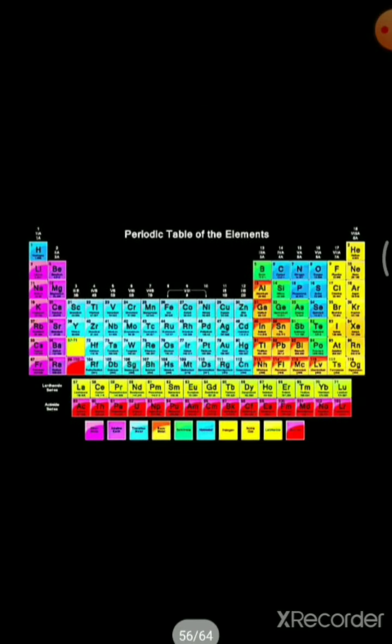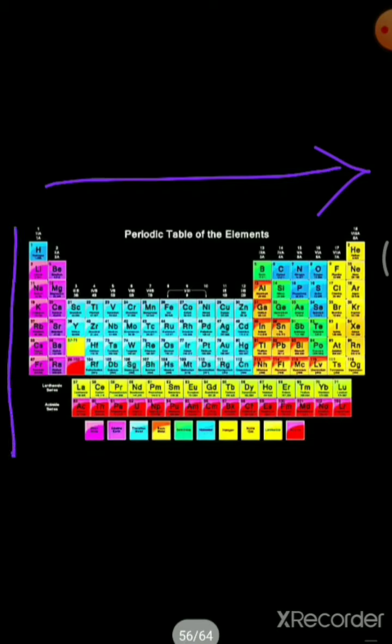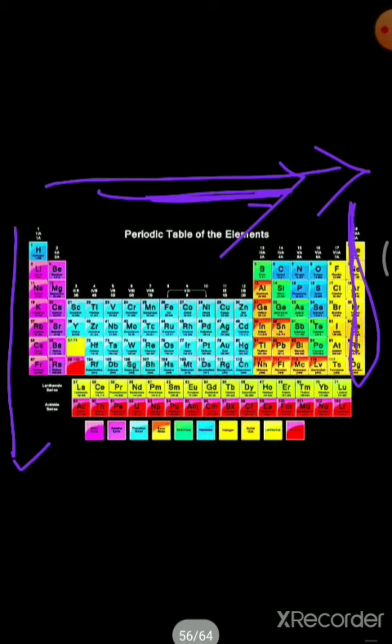Electron affinity increases across a period and decreases down a group, but the inert gases don't have electron affinity, so here you can write chlorine.